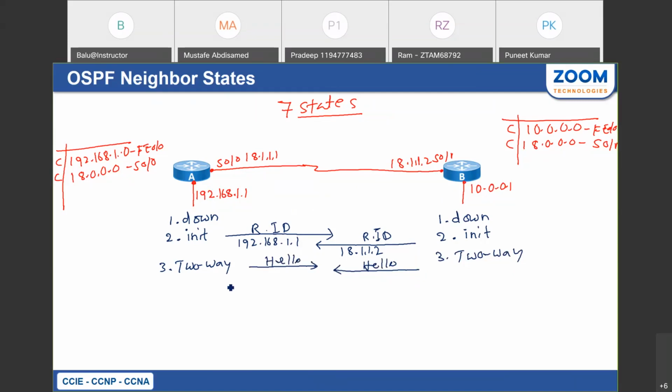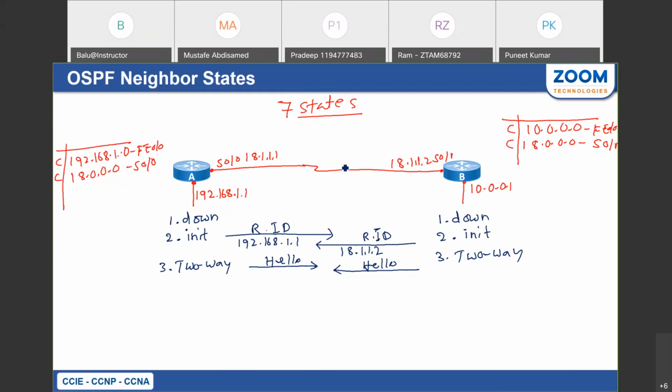So once the neighbor is formed, now A has to exchange the database, right? Before exchanging, A is telling router B, wait for some time, first I will update. B is telling, no, you wait, I will update. Both are deciding to exchange.